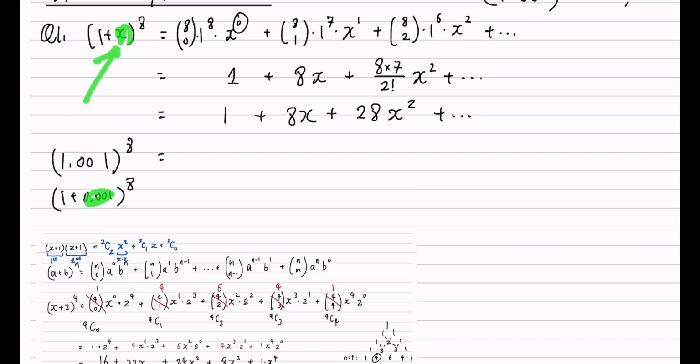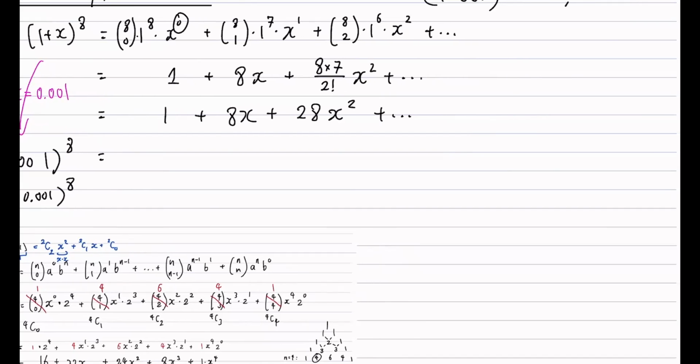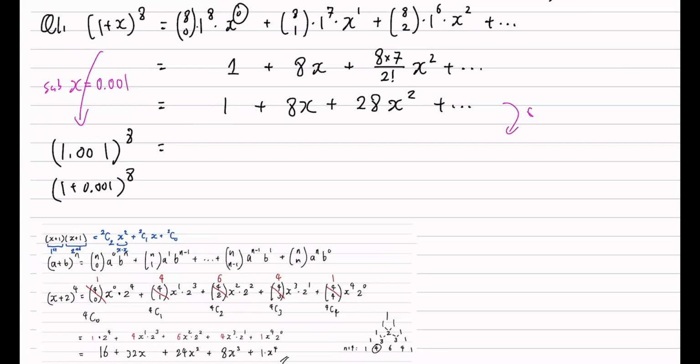What's a good value of x that I can replace with? 0.001. Okay. So we can sub, similar to partial fractions, x equal to 0.001. But if we substitute x equals 0.001 on the left, we also need to do the same on the right. So we also sub x equals 0.001.